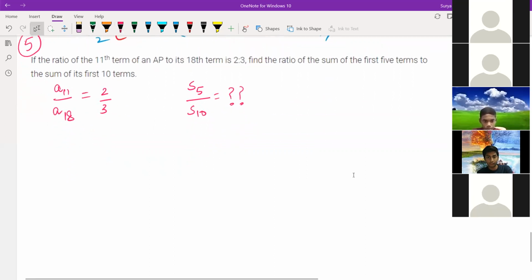Sir, A11 we have to write as A plus 10D only. A plus 10D divided by A plus 17D is equal to 2/3.